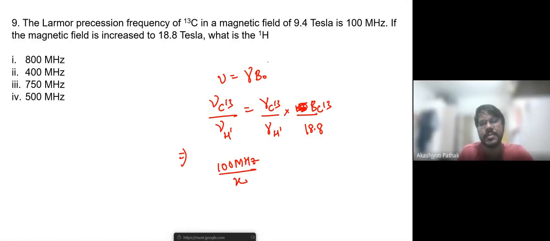You don't know the Larmor precession frequency of the proton, so you substitute it with the value x, and you know that C13 is 1 by 4 that of the proton. So you put it over here; this will be 1 by 4.